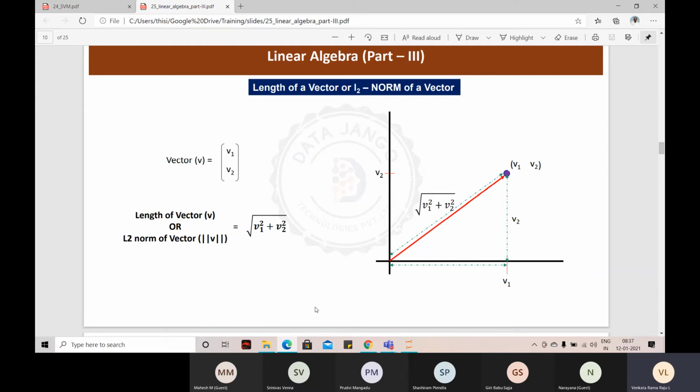The length of the vector is the square root of V1 square plus V2 square. It is the Pythagoras theorem. This is V1, this is V2. This is also called the norm of a vector, the L2 norm of a vector. Have you seen the L2 norm somewhere?